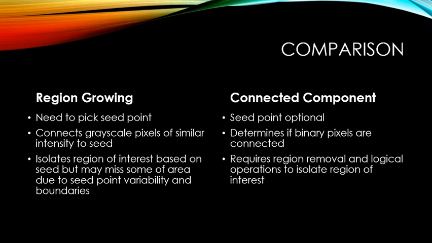A downside to connected component labeling is that it requires region removal to remove your smaller components, whereas region growing doesn't necessarily need that because it's able to stop at a well-defined boundary where the pixels that it runs into obviously aren't included in your region of interest.